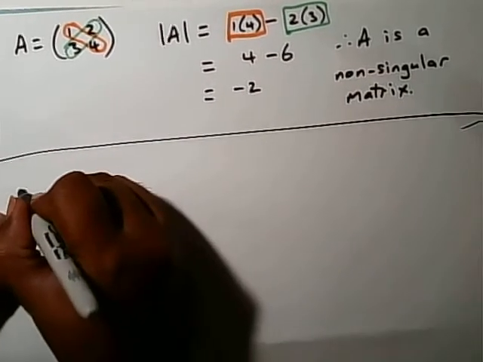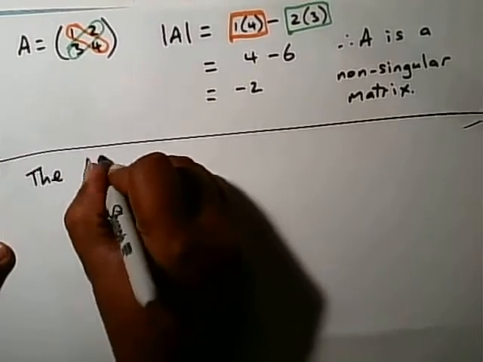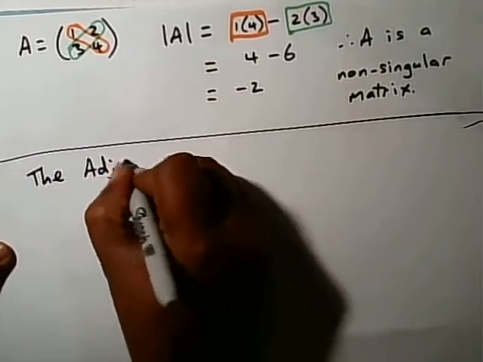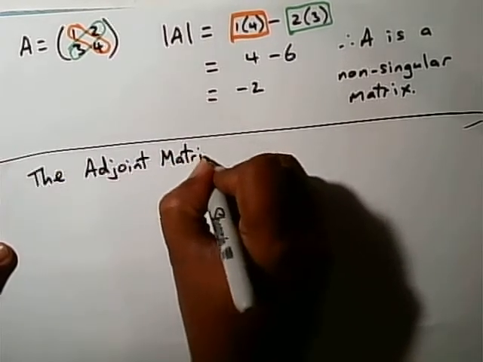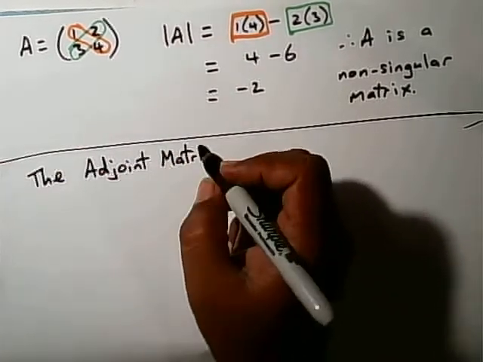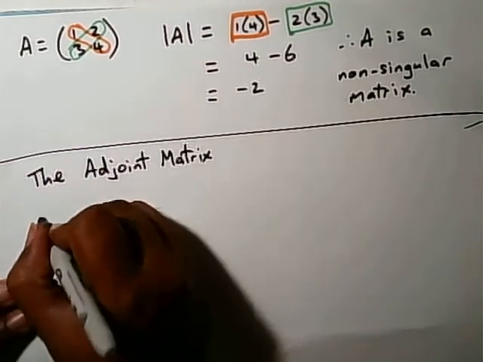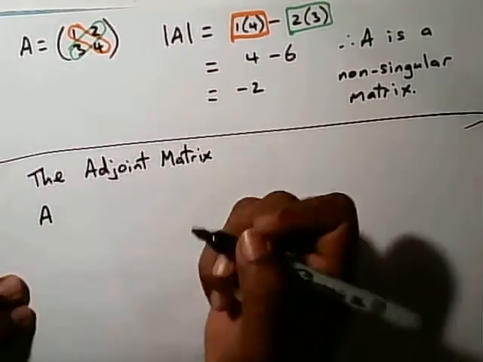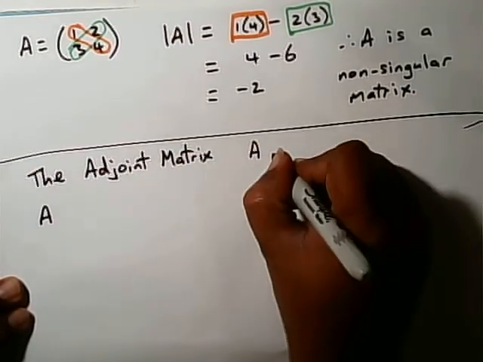We want to find out the adjoint matrix. Okay then. So the adjoint matrix is, suppose I have a matrix called A, right? The adjoint matrix will be called A adjoint, like this.